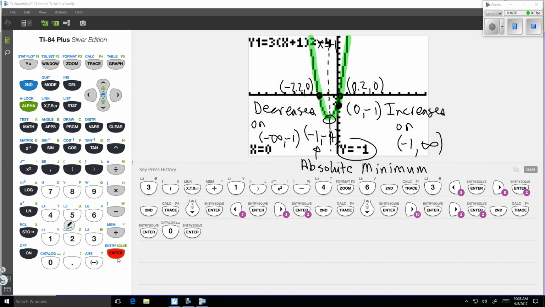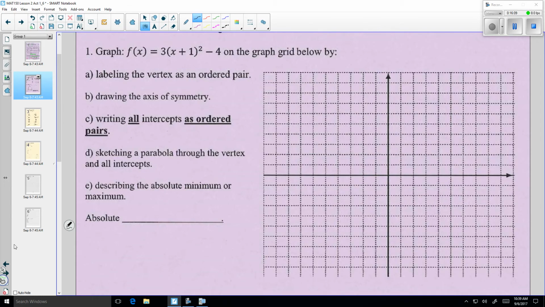So now we're ready to take all this information and go back to our activity. So let's do that. Let's switch back over to our activity. So I'm going to portray all of this information now. So let's go ahead and do our absolute minimum at -1, -4, and label that.